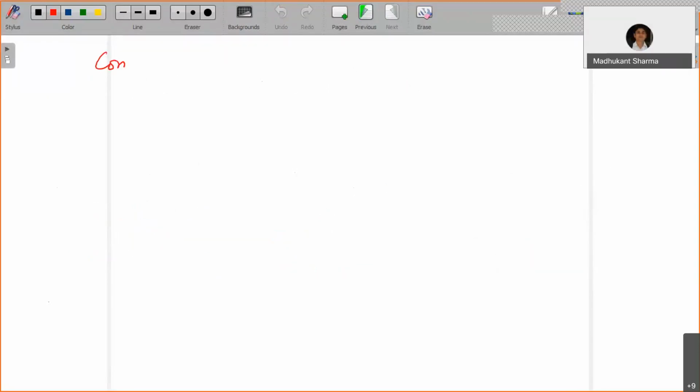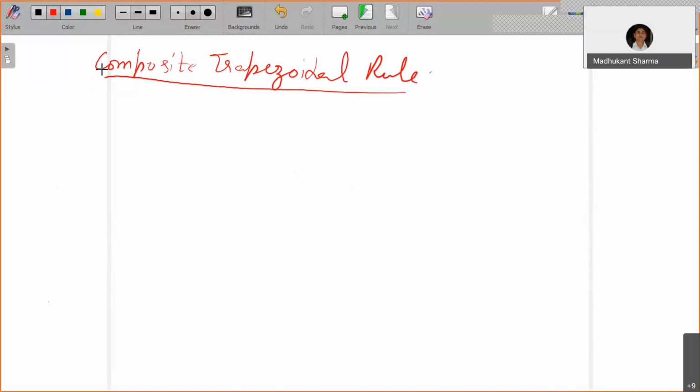Okay, right. So I'm just going to define now the composite trapezoidal rule. We are also going to work with the error term. So we are going to have the interval a to b.